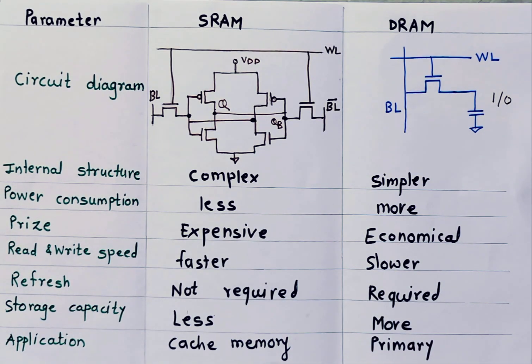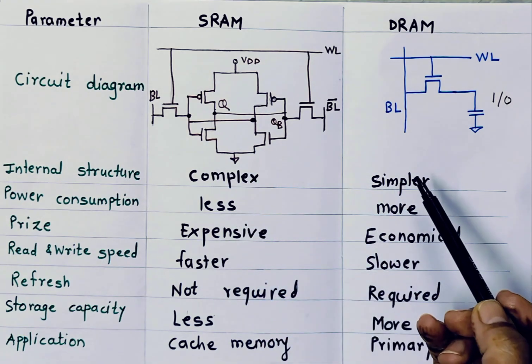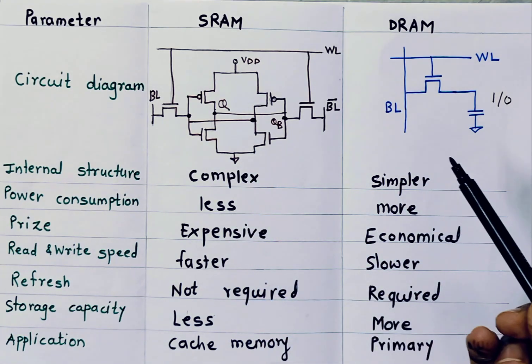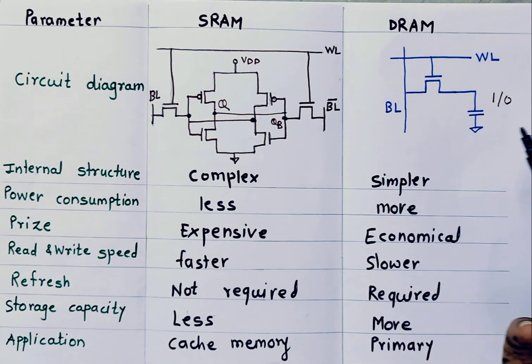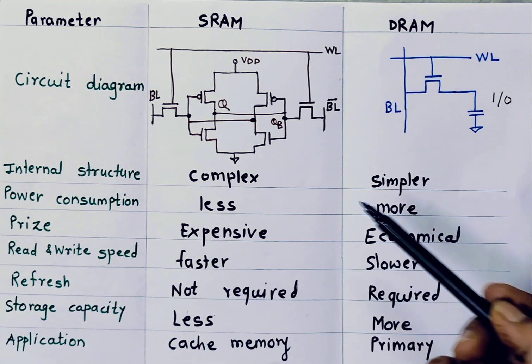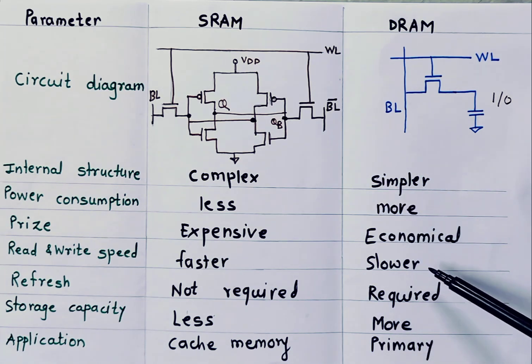So in this way we can differentiate SRAM and DRAM. You need to remember both are volatile memories. Here internal structure is complex, here it is simple. The only drawback of DRAM is we need to refresh it again and again, and that is why it consumes more power, it is slower.